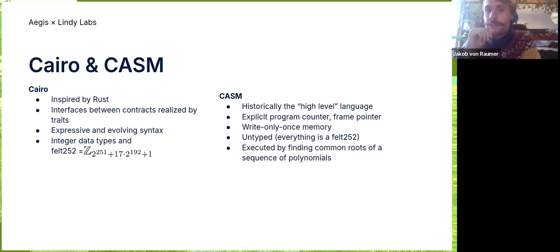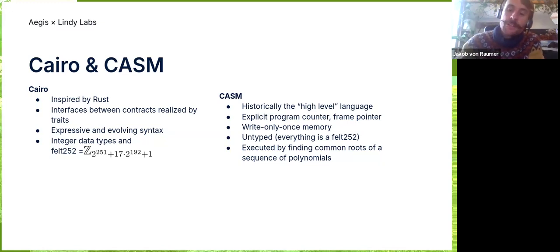And in the end, because we're not dealing with programs that run on a real machine, memory is write-once, so we can't use the same memory cell more than once. So there's lots of infrastructure around to be able to cope with that fact, and it didn't have a typing system.